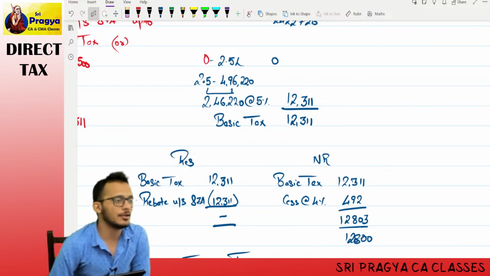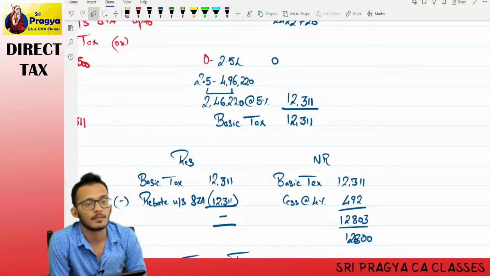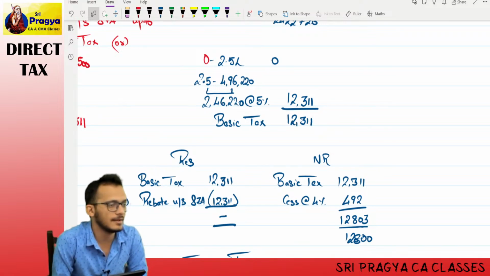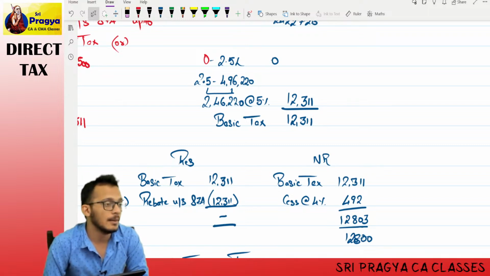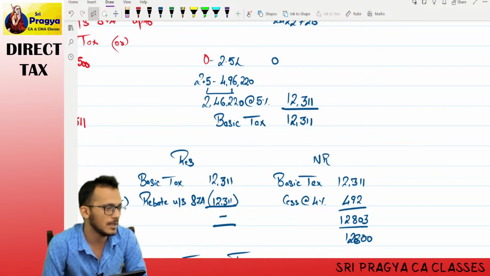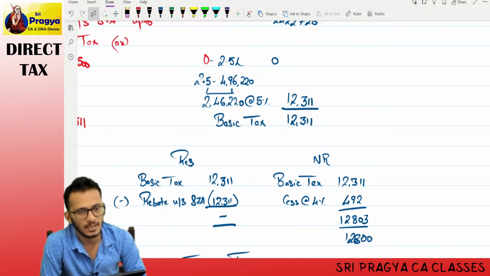The one thing which I want you to pay attention and notice very carefully is that if you are found to be poor, you can only be an Indian poor. Meaning only resident individuals get rebate. Non-residents don't get rebate. But if you're found to be rich, I don't care whether you are Indian rich or foreign rich. As long as you're rich, you have to pay surcharge. Because at this point of time, I know what you earn from India, and that itself is too much.